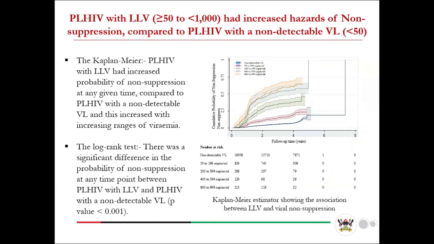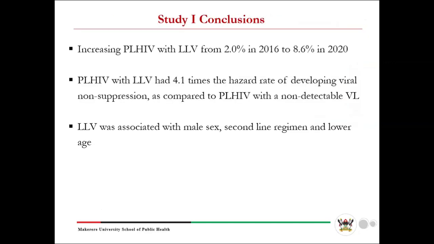And this increased with increasing levels of viremia. Those who had high levels of the virus in the blood, like 900, 600, had increased chances of becoming non-suppressed as compared to those who had lower ones.